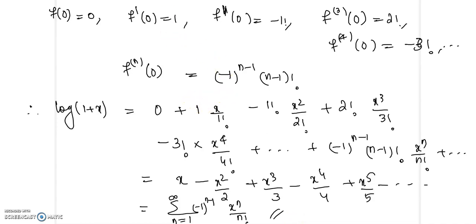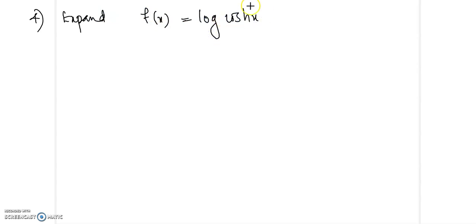And now let us look at one more example. So expand f of x equal to log cos hx. Here f dash of x will be 1 by cos hx into sin hx.